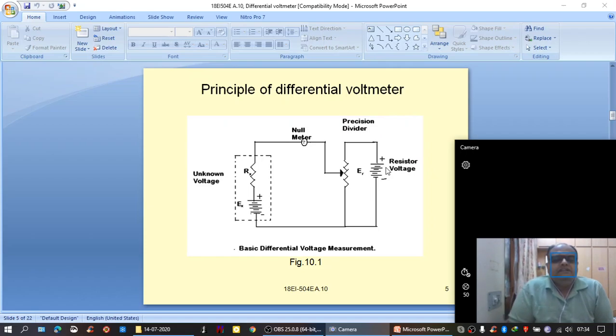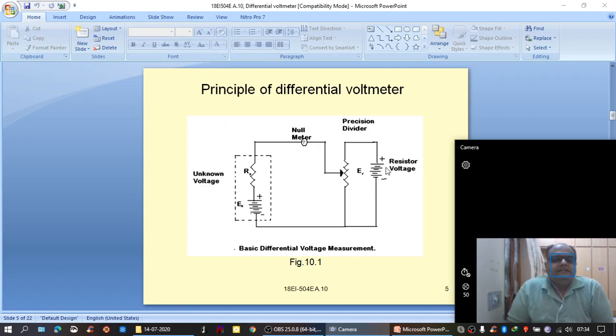That means the input at the null meter is the potential at the wiper of the potentiometer with respect to the circuit neutral, or with respect to ground, circuit ground.